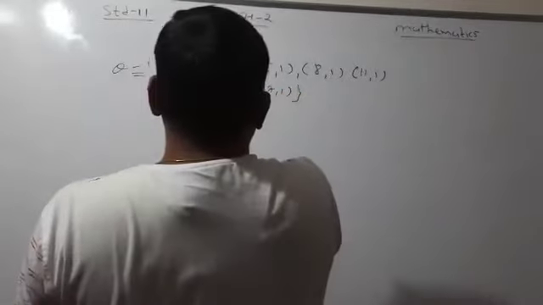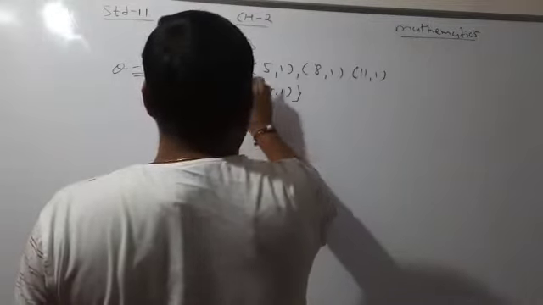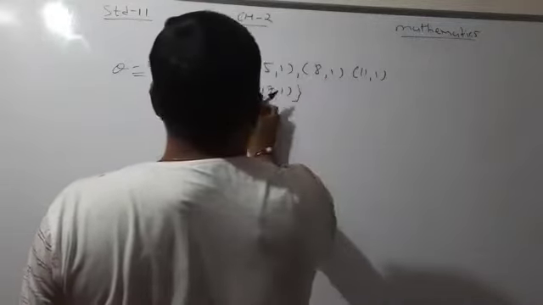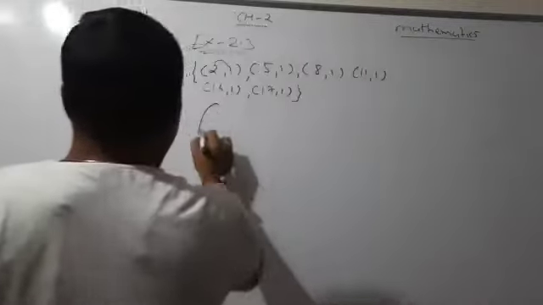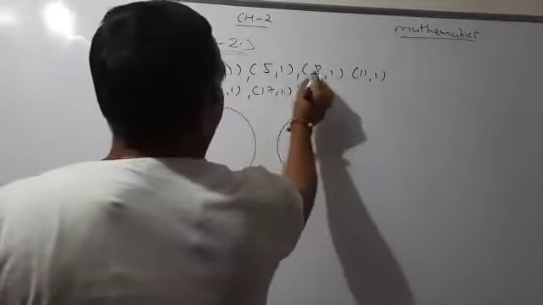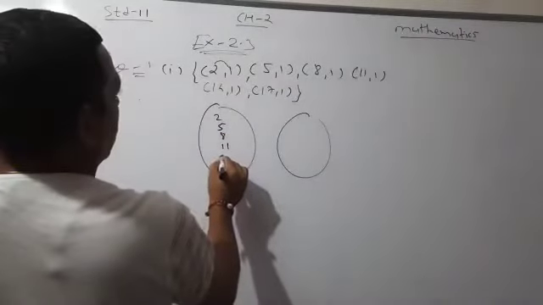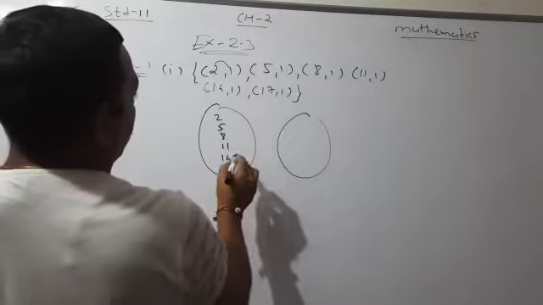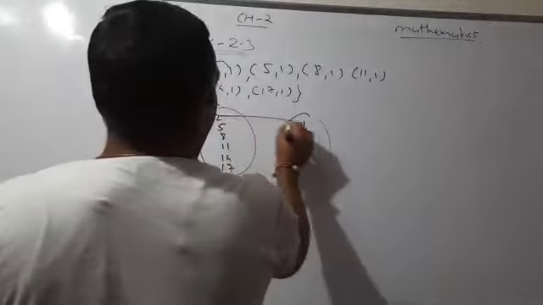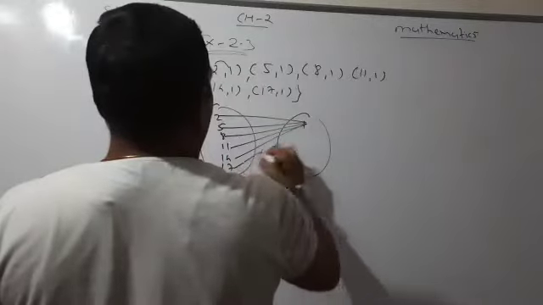See here, 2 is related with 1. No other 2 is there as a first entry which is related to another. Observe here. I will draw the same in figure form: 2, 5, 8, 11, 14 and 17. Here 1. 2 is connected with 1, and likewise each is connected with 1.